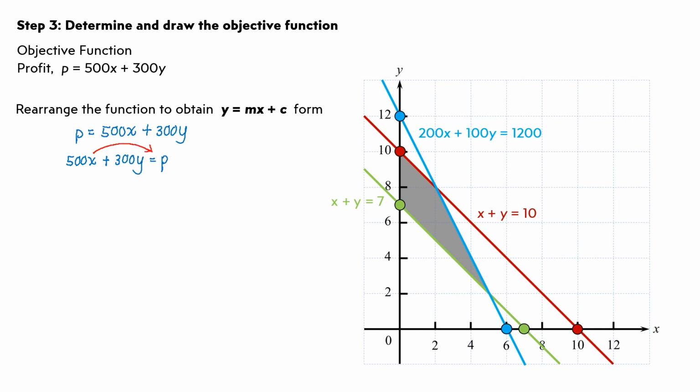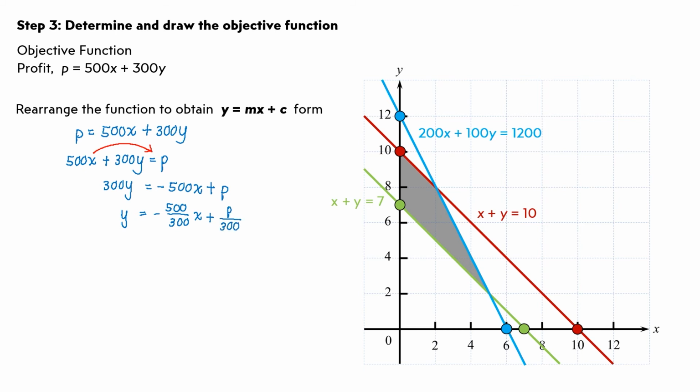So what I have here is 300y equals, here is positive 500x, when I move it to the right hand side, it will become negative 500x plus P. Next, I divide by 300 on the right hand side. So y equals negative 500 over 300 x plus P over 300.